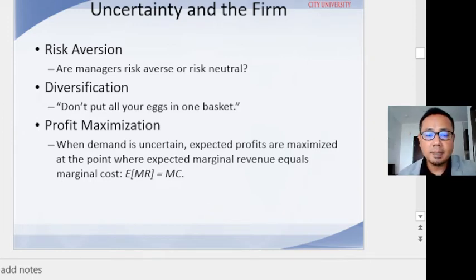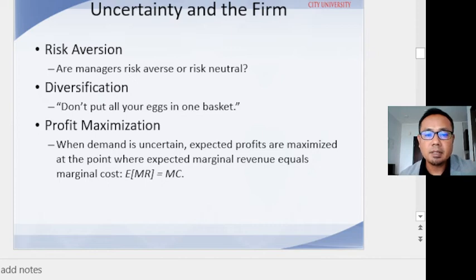If expected marginal revenue exceeds marginal cost, the manager could increase expected profit by expanding the output, because the production of another unit of output would on average add more to revenue than it would to cost. Similarly, if expected marginal revenue were less than marginal cost, the manager should reduce the output, because by reducing output, the firm would reduce cost by more than it would reduce expected revenue.